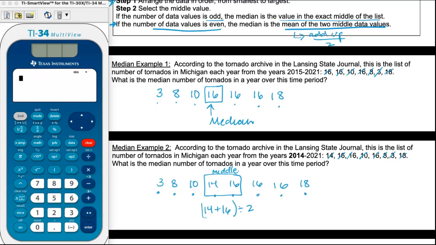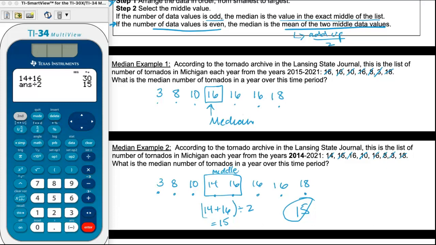You can also just ask yourself, what number is in the exact center of 14 and 16? Well, it's 15. And that's what you get when you take 14 plus 16, which gives you 30, and you divide by 2. You get 15 that way too. So you've got a couple of options. You can reason or use your calculator. So the median for number of tornadoes, if we include 2014, is 15.